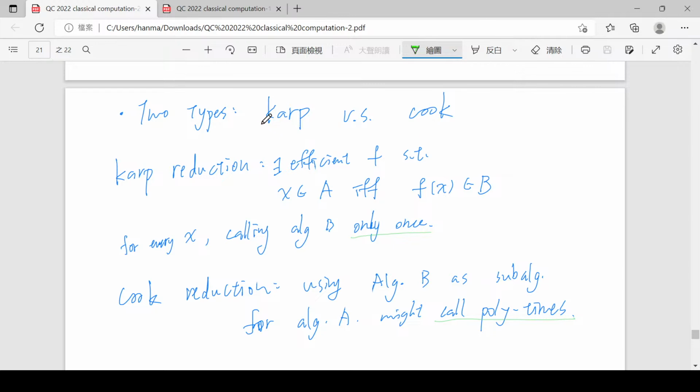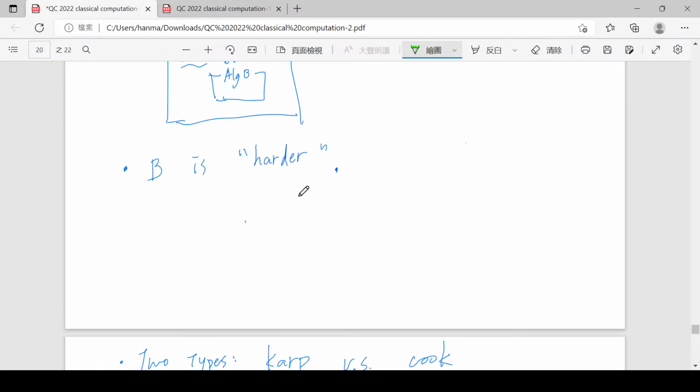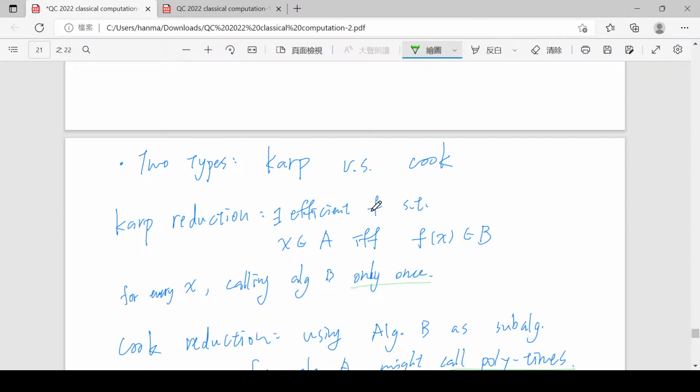Both of them are names for computer scientists. So Karp reduction is a more direct reduction between problems. So it's an exact correspondence between problems. So it says there is an efficient function, some kind of transformation f, such that you can transform an instance in A into an instance of B efficiently.